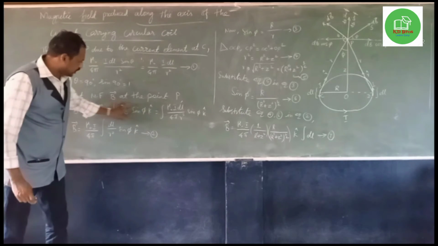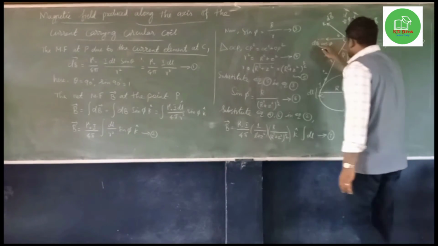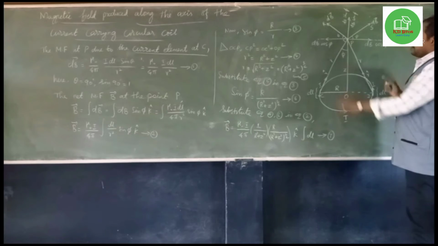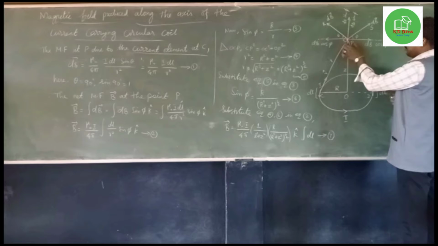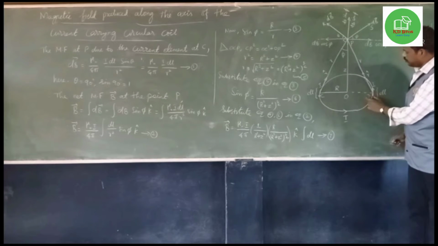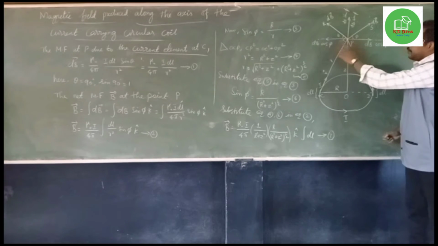Because how can you get this formula? Very simple. As we know, dB cos phi and this dB cos phi, the magnetic field produced at the point P with respect to C, as well as the magnetic field produced at the point P with respect to D, both will be equal.